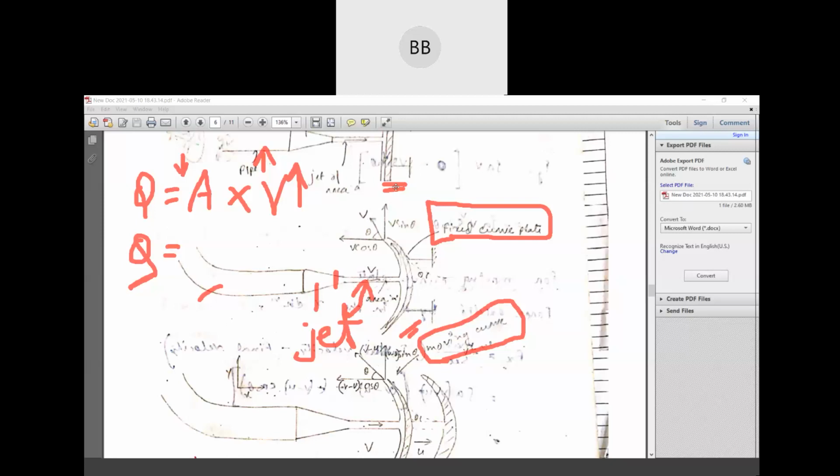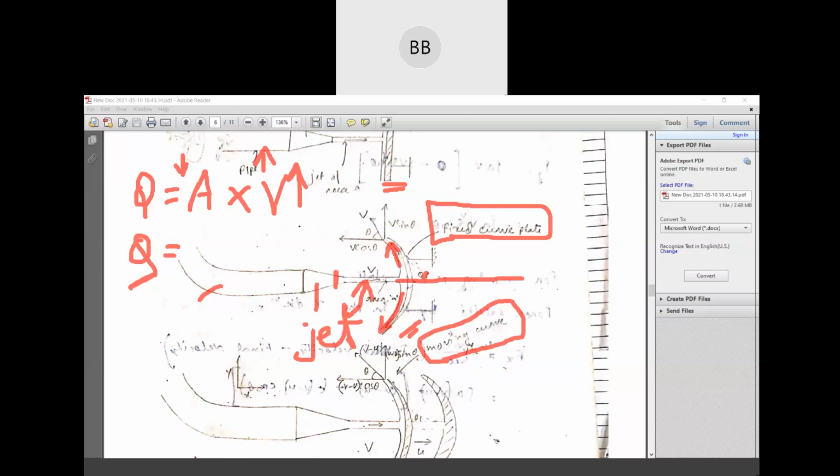So in the first case it strikes a vertical plate, and in the second case it strikes a curved plate, okay. When it strikes the curved plate also, 50% of the water is assumed to go in the upward direction and 50% in the downward direction, okay. So this is your axis line, and here it makes an angle theta.